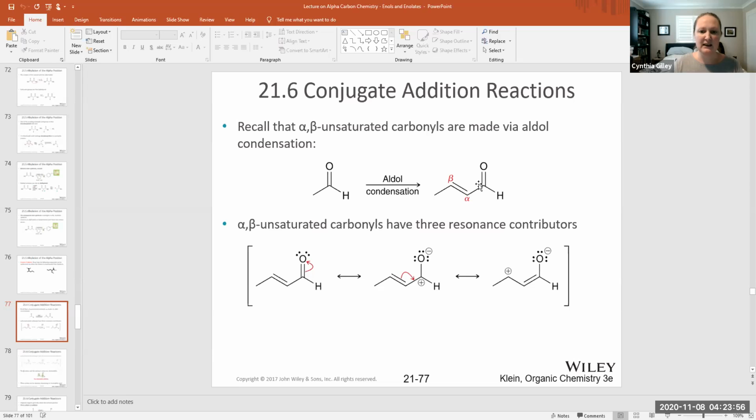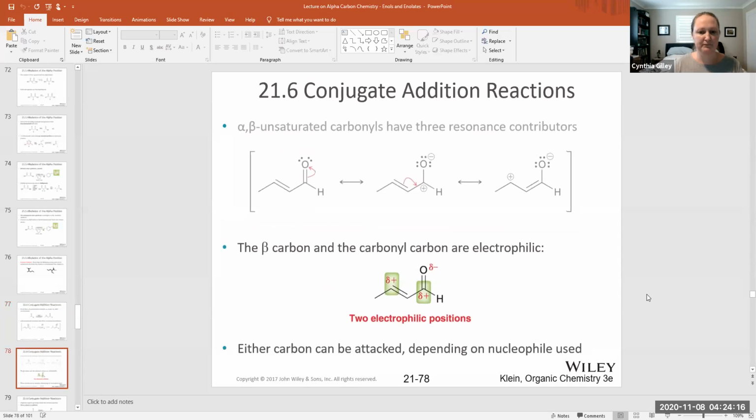So it's not just the carbonyl carbon, also known as the ipso carbon, that has a partial positive charge, but the beta carbon as well has a partial positive charge and is electrophilic. So as a result, it can react with certain nucleophiles to give desirable products. So here we're talking about the two electrophilic positions.